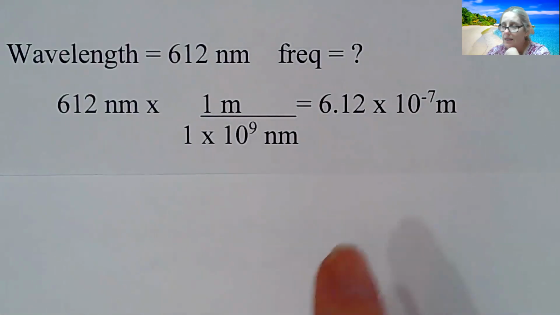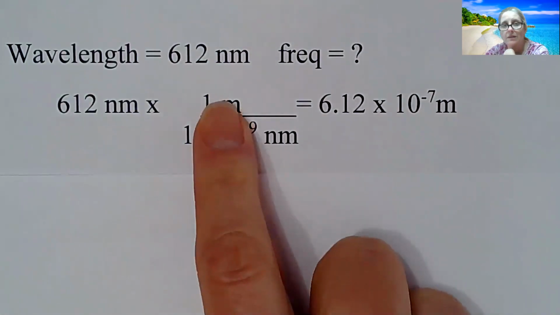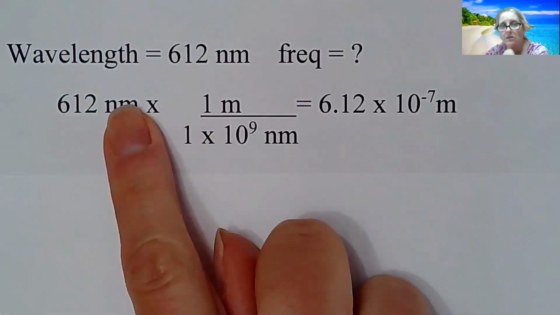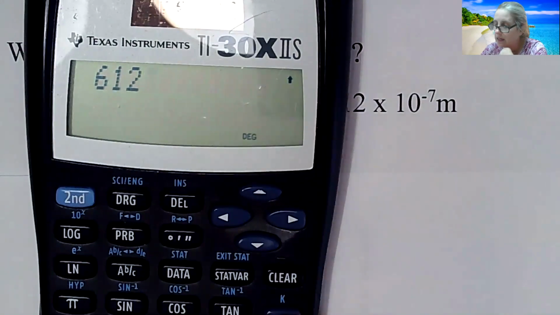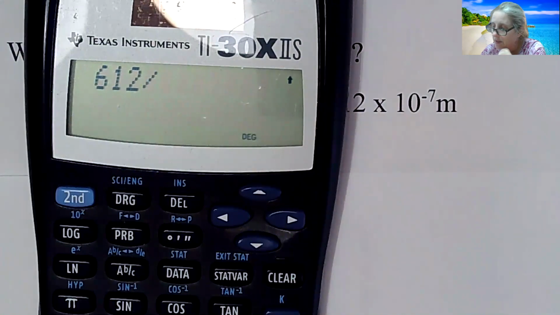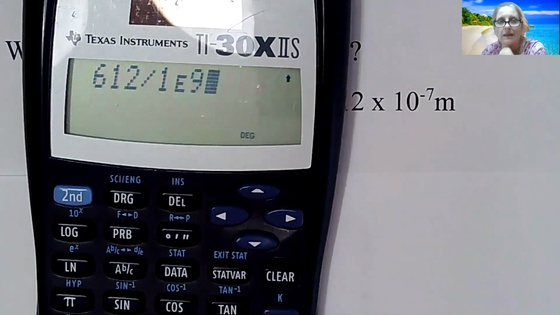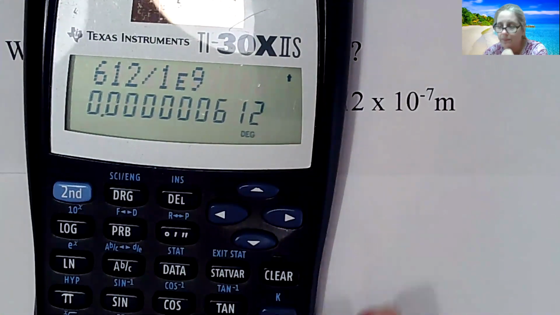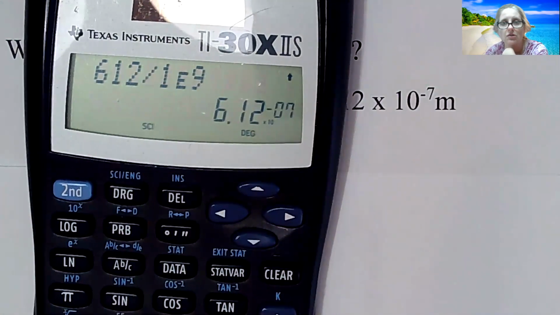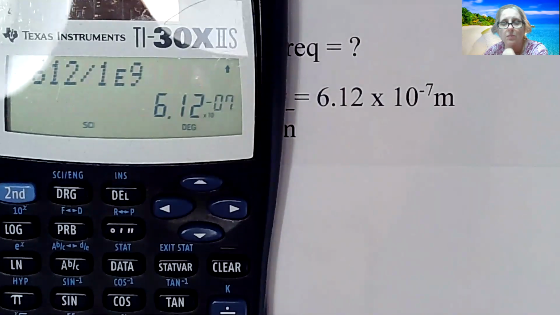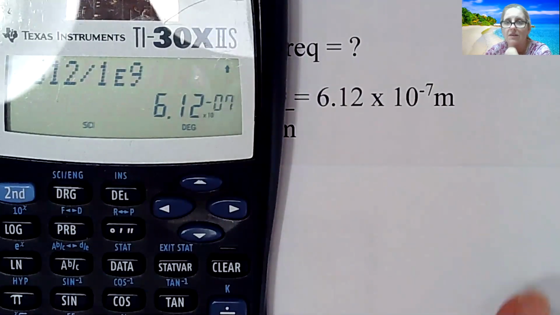So as you could see, I have 10 to the 9th nanometers, so that means I'm going to divide. I'm going to take 612, division, and I'm going to take 1, second function E9, and divide that into it. Again, you could change your notation to scientific notation, and it comes out to be 6.12 times 10 to the negative 7 meters.